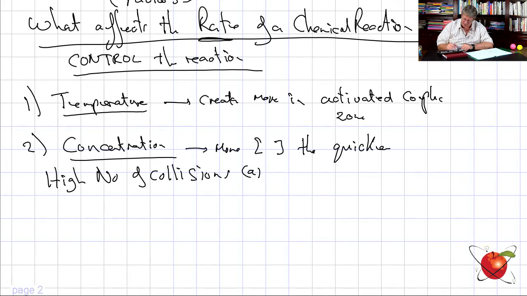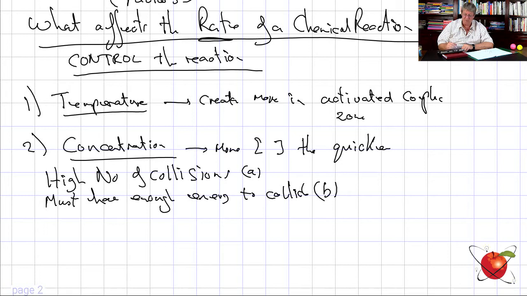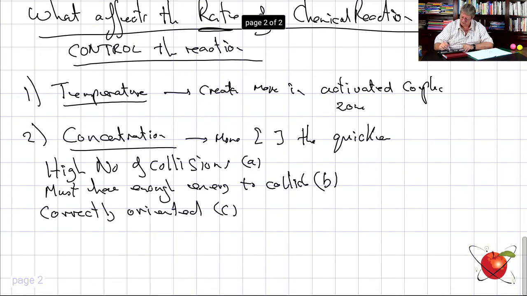Number 2, I must have enough energy to collide. Okay, that's B. And number C, they must be correctly oriented. Okay, C. What do I mean by that? Well, I'll explain myself now.